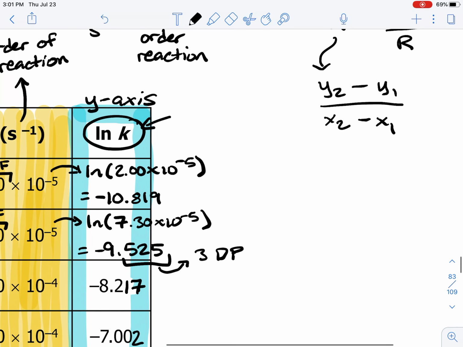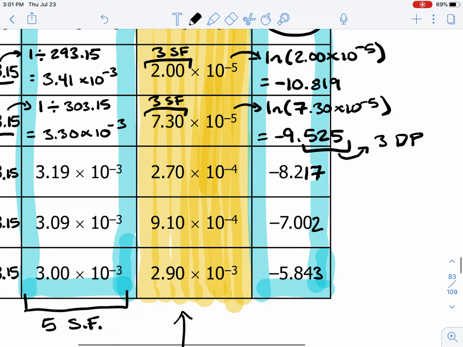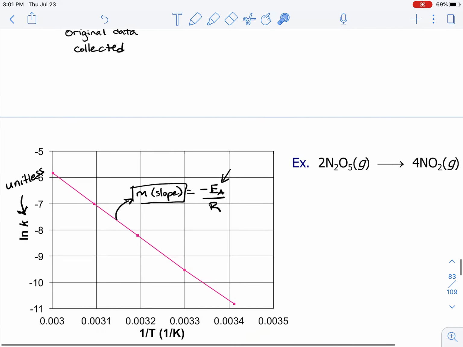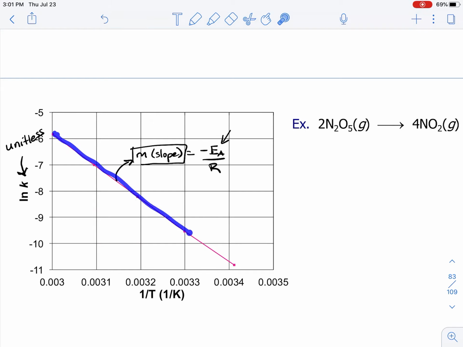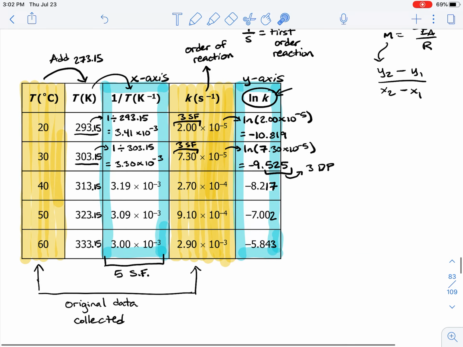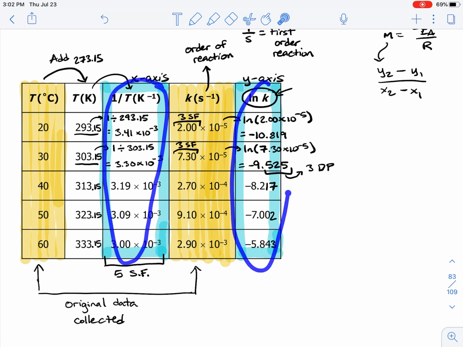Since the axis, and this is something important that needs to be brought up, since the axis of this line is natural log of k and the reciprocal of temperature, then the points you are going to be using are the points that are highlighted or boxed in blue.